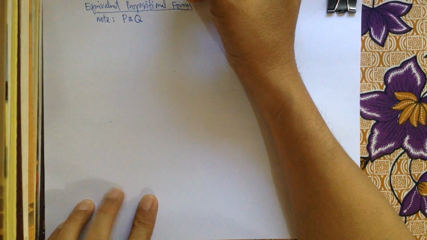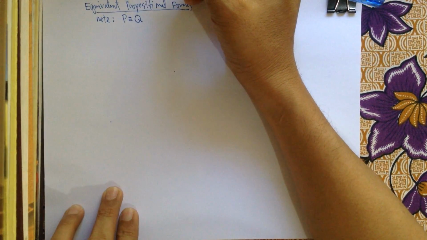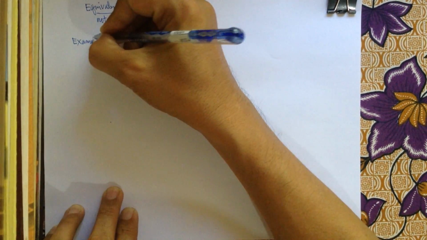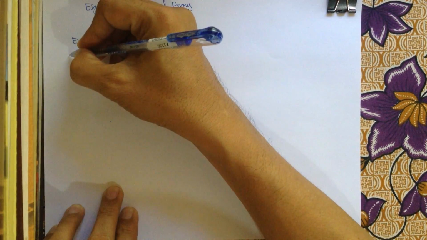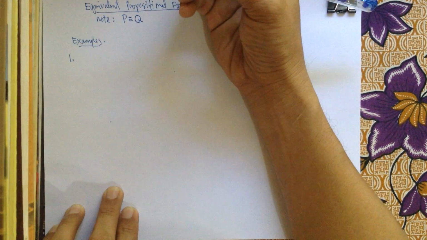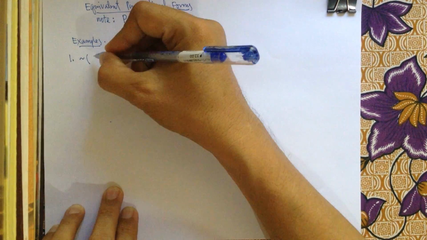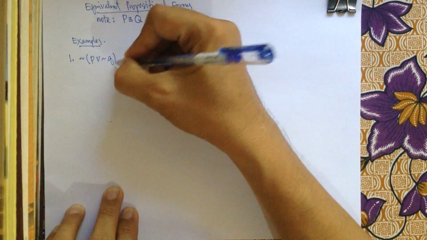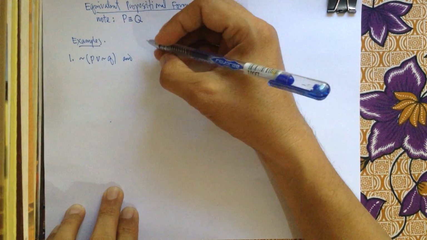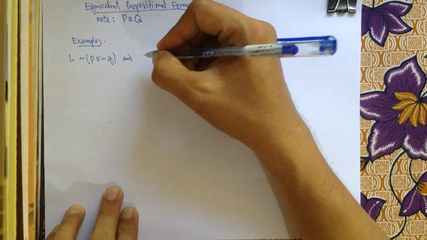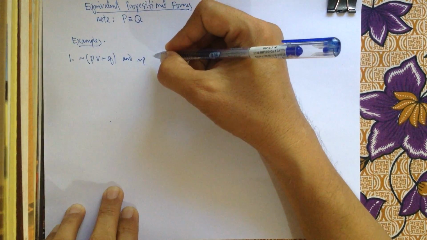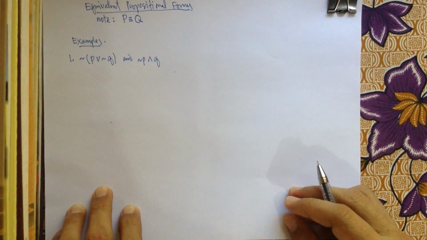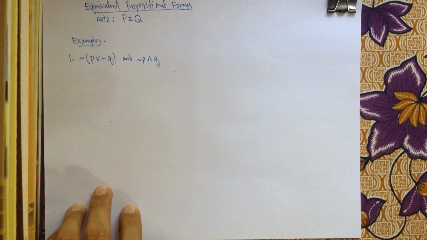Now, to determine whether two propositional forms are equivalent or not, let's consider some examples to illustrate that. For example number 1, let's check the negation of P or Q, and the negation of P and Q. How do we determine whether they are equivalent?